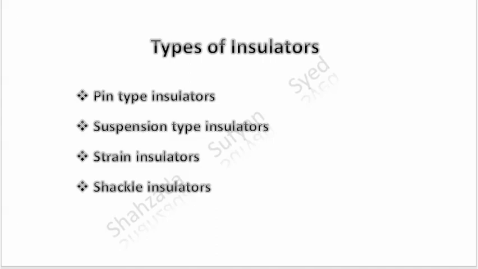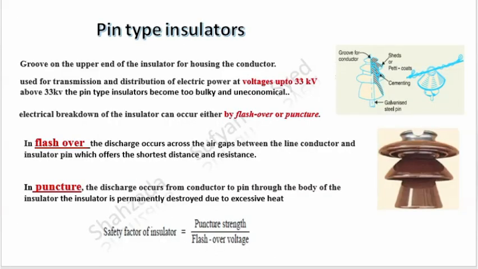We have 4 types of insulators. First is the pin type insulator, then the suspension type insulator, strain type insulator, and shackle insulator. The pin type insulator. As you can see in this diagram, there is a groove on the top of the insulator disc.